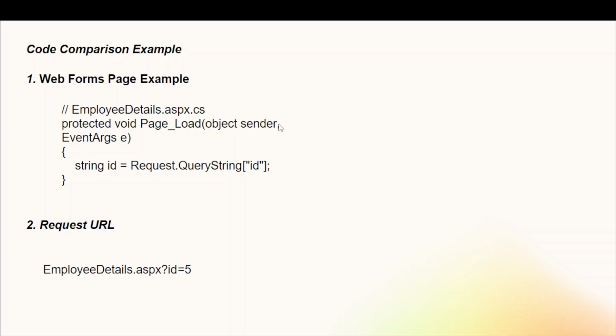So this method is not that comfortable, but the UI which takes the data from our controller to the repository layer and then from the database is a more suitable architecture. Here the requested URL is like EmployeeDetail.aspx?id=5, showing my parameter name equal to 5. So this type of URL we can see.